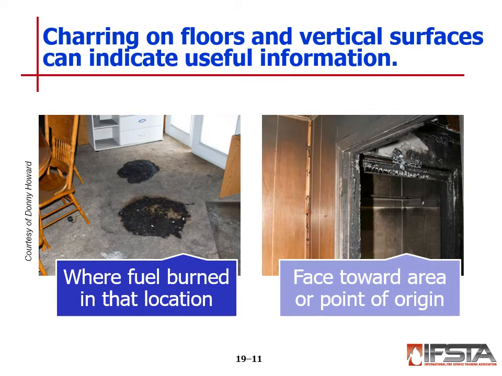All right, so charring on floors and vertical surfaces can give us a lot of good information in fires that are started with flammable liquids, like the photo on the left. You'll see particular patterns like that. If it is run down a hallway, we call those trailers.